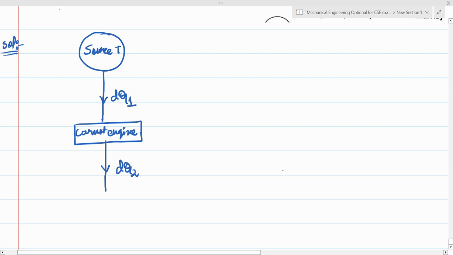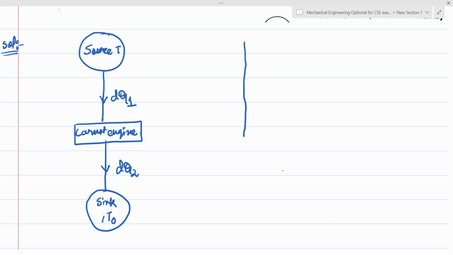So let us name this dQ1, and this is dQ2, and this is the sink at a temperature T0. So the temperature is reducing linearly.